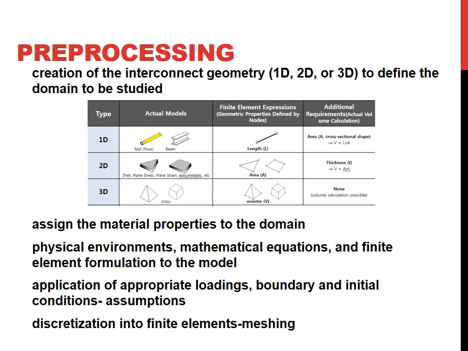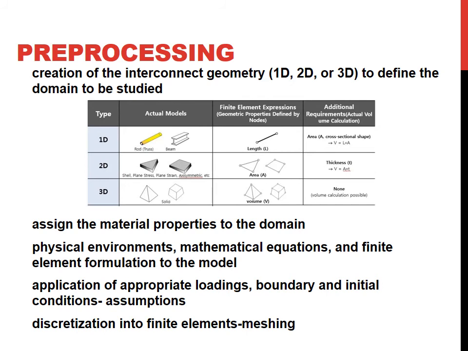So in the pre-processing step, what we need to define is the geometry, whether it's 1D, 2D or 3D. Once we finish the drawing, we assign the material properties to the domains.